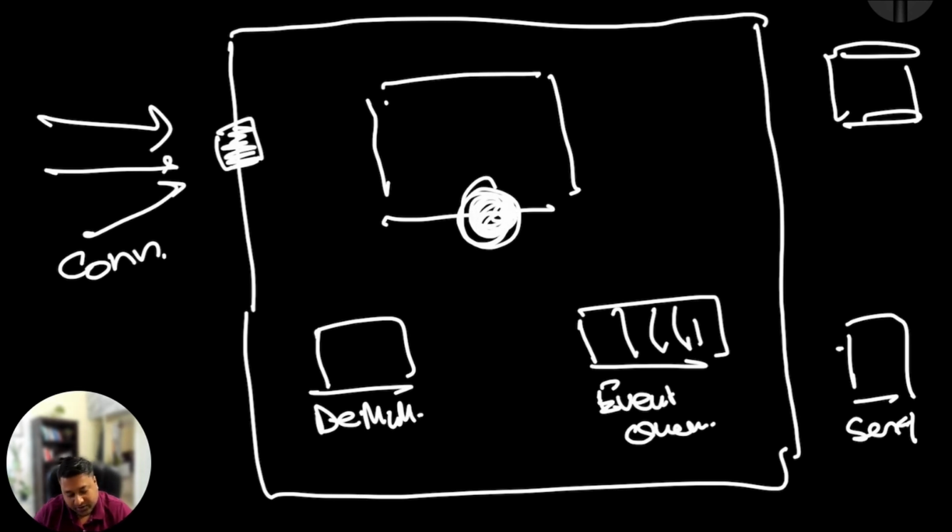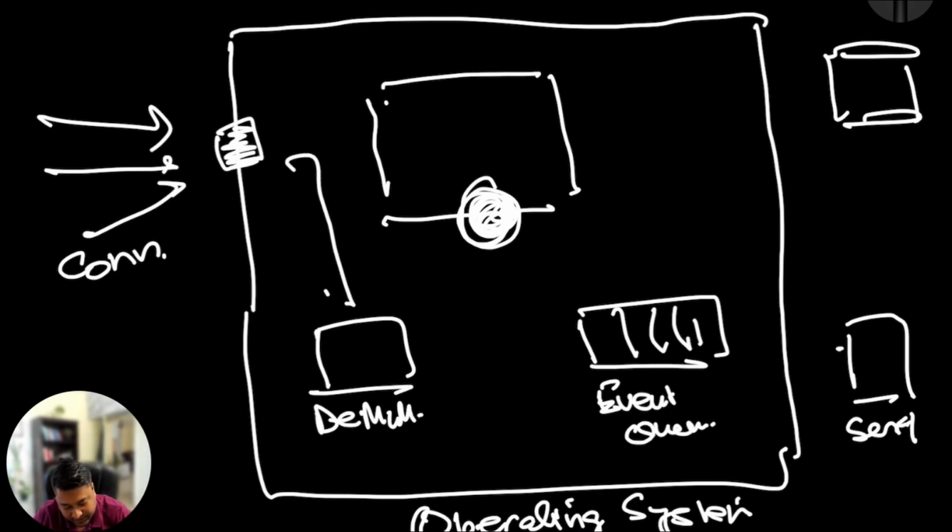All right, so now your request comes in, and this is your operating system. At the moment when the request comes in, your demultiplexer is something which is trying to collect all the events happening on different resources. So it's maintaining a watch list. In the watch list you have multiple resources, multiple things in your operating system.